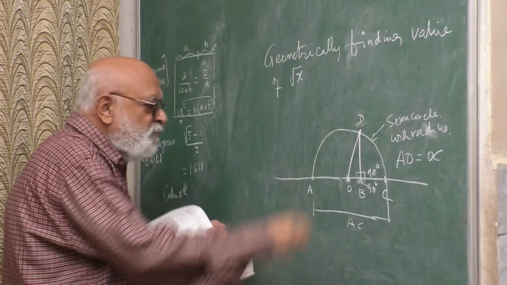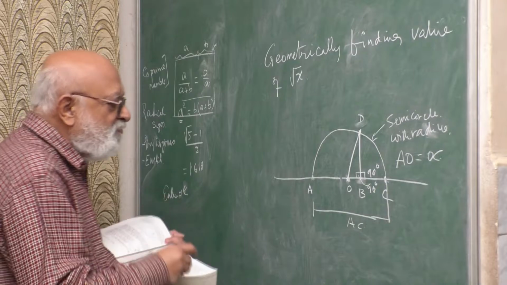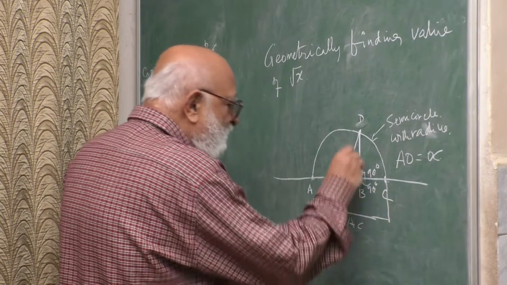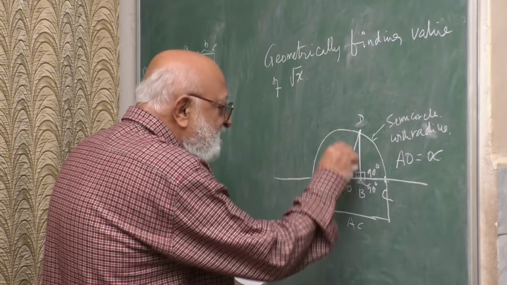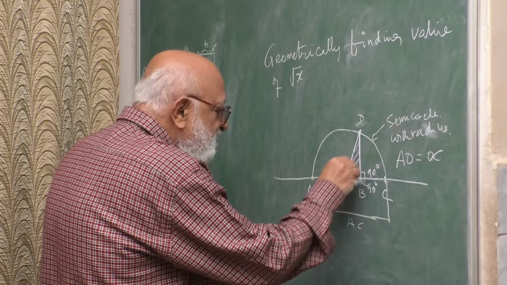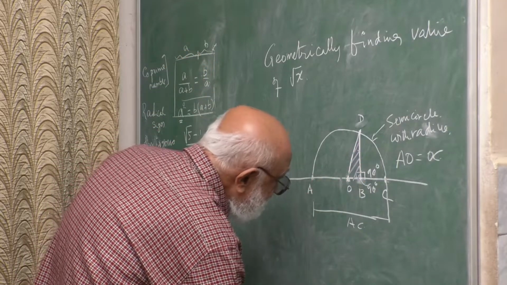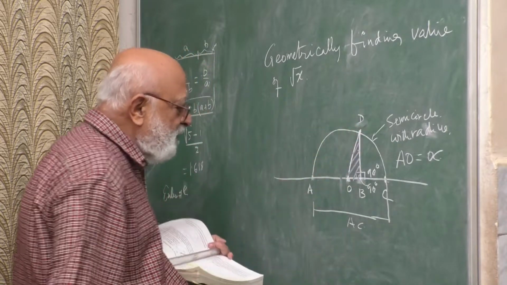This OD joining is not shown in the book, but I think it is important. This should be joined. Now this triangle is a right angle triangle with OD as hypotenuse.